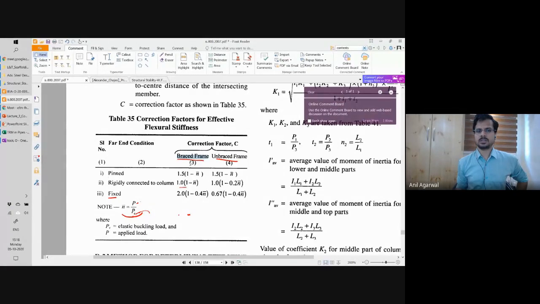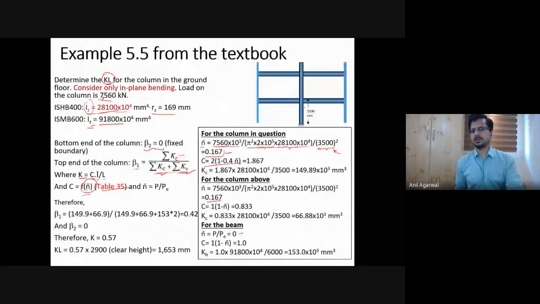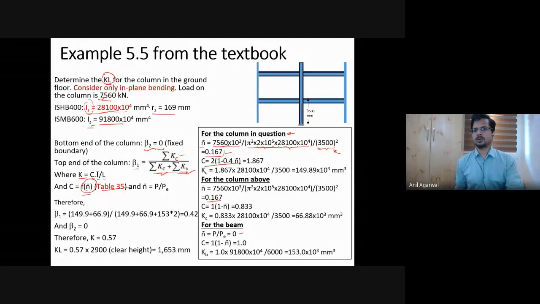So we are restricting ourselves to this column. We are not going to use these values, only these values. Then among these values, whether the far end is pinned or not. I'm looking at this column right now, and I'm looking at the beta value here. So what is the far end? This end is the far end, correct?